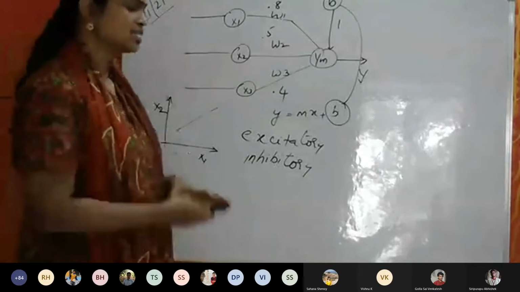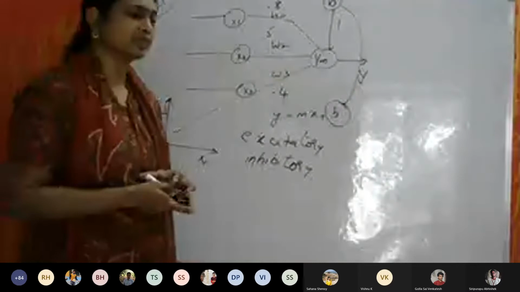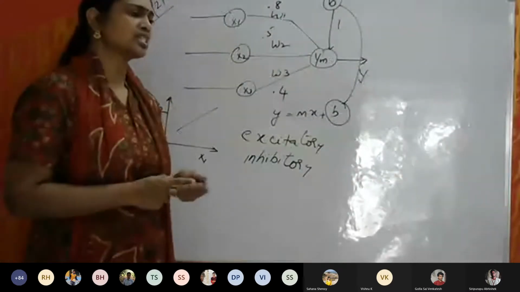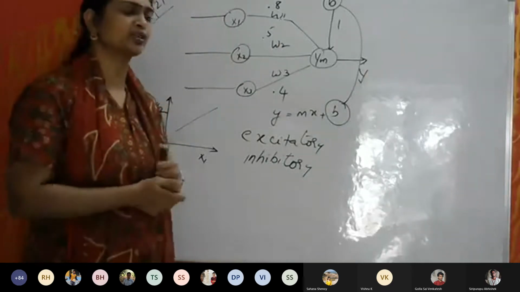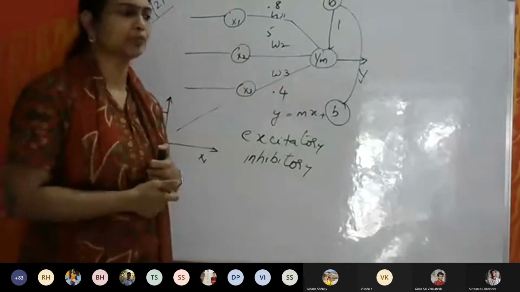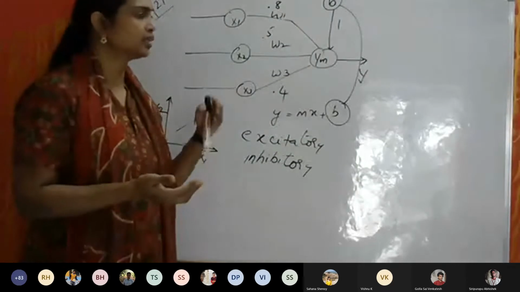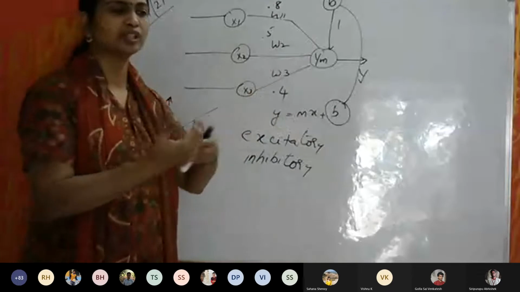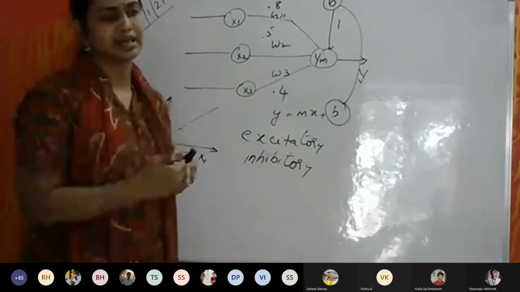Basically this neural network also learns. Every time you give an input, the neural network gives an output. If you follow a supervised learning approach, we give the target also. If the target and the output that it is giving are not matching, then the neural network understands that there is an error.